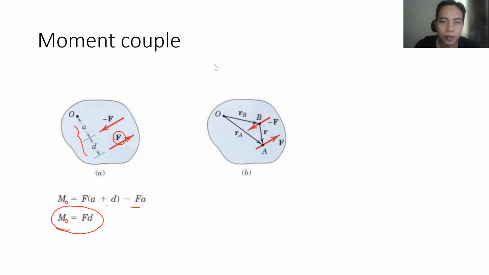In terms of vector operation, we can do it like this.